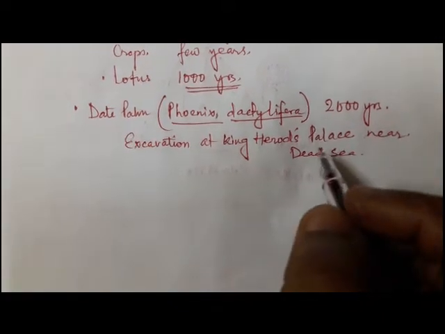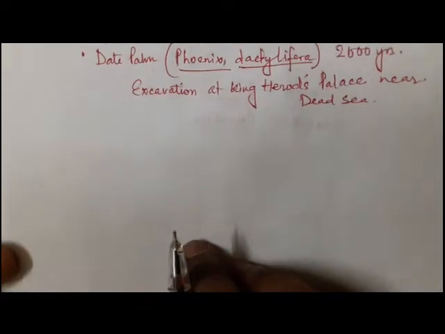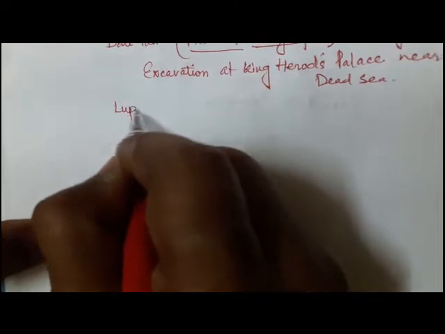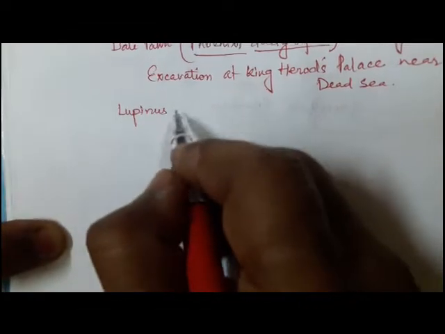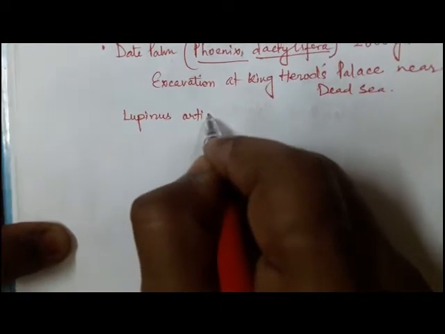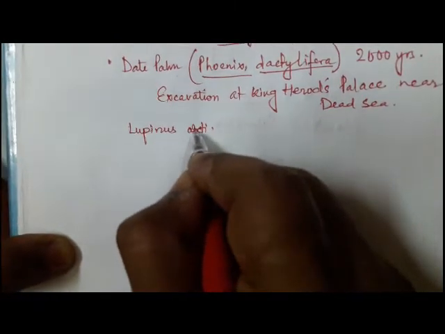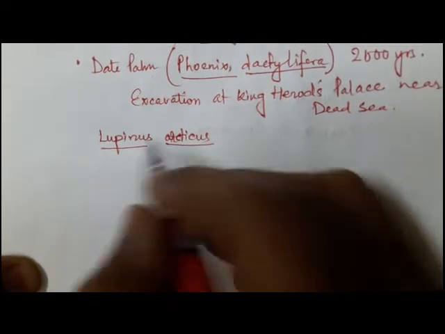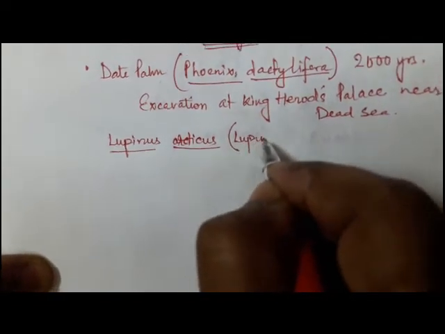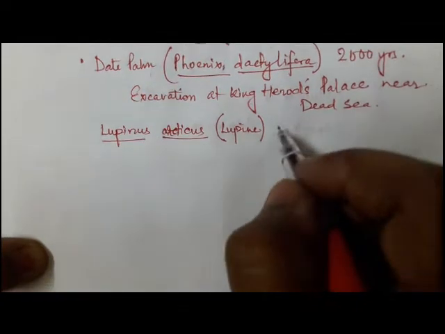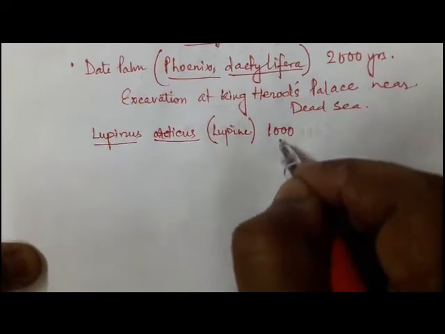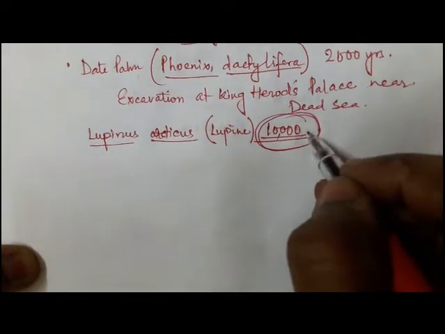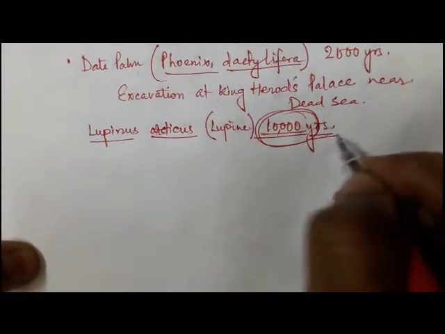And then we will talk about other examples like Lupinus arcticus, which is a lupine species, and there it is seen that it was viable for a period, just mark the time period, 10,000 years.